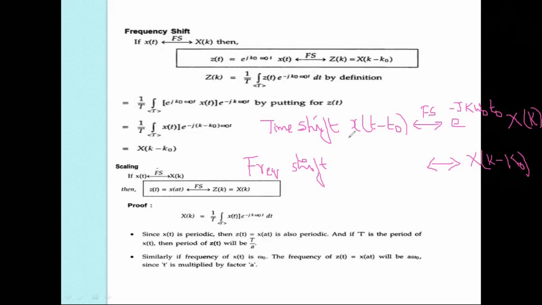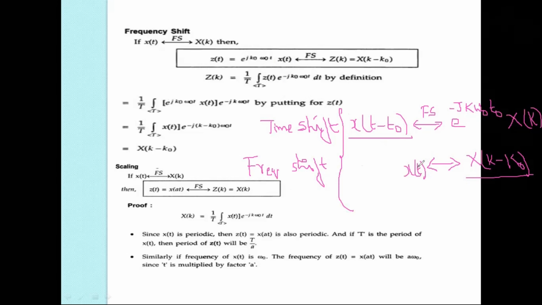In this case, the time is shifted with the t naught samples. In this case, frequency is shifted with the k naught samples. So in this case, x of k is multiplied with a negative exponential.